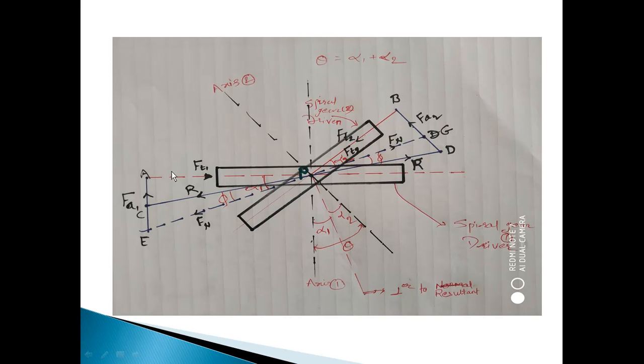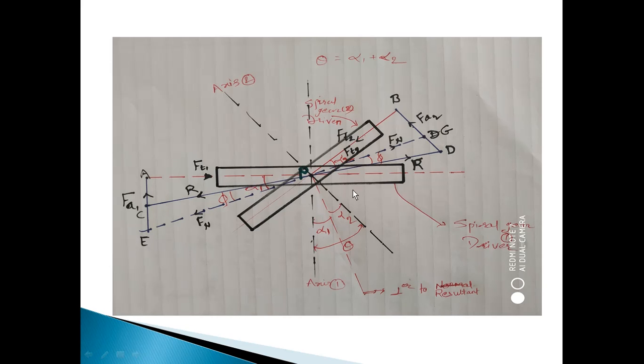I have drawn perpendicular to AP, and perpendicular to P, these two lines. It means I have rotated the spiral angle by an angle of 90 degrees.